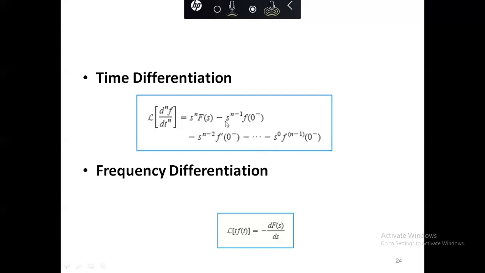This part is representing the initial conditions of the system.